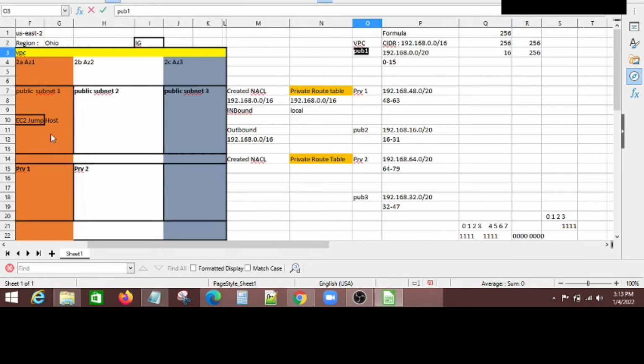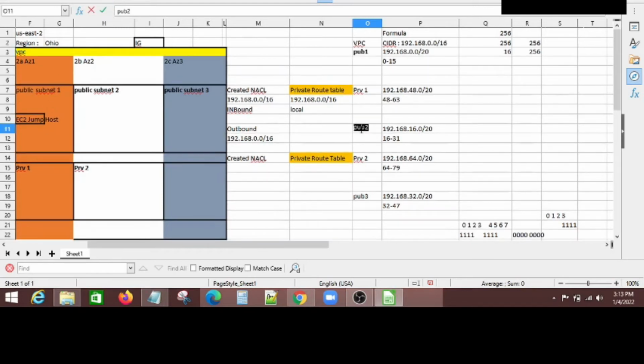So this was done. For public subnet 2, because subnet 1 ended with 15, subnet 2 can start from 16, and the same /20. In the third octet, the last 4 bits can be used, so again 16 variations will be there.